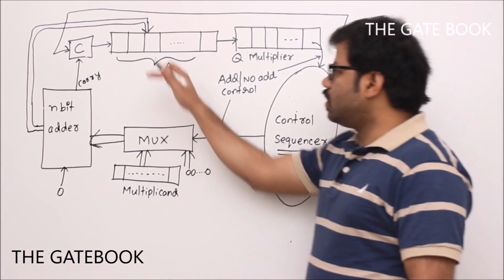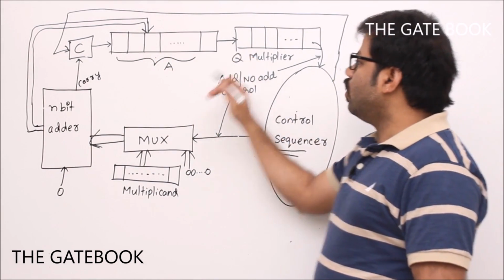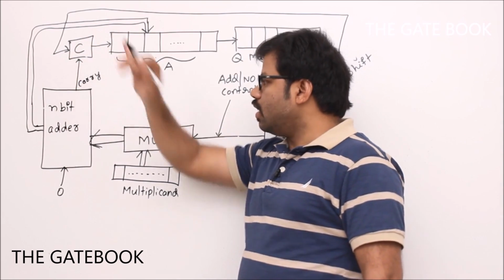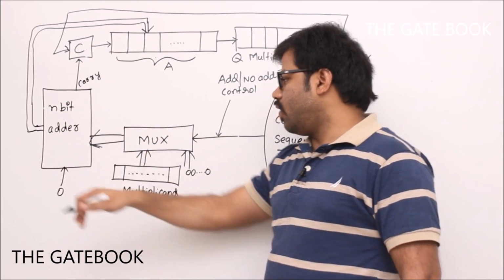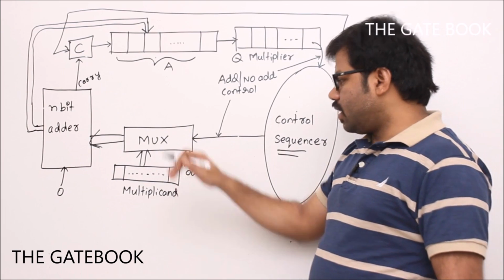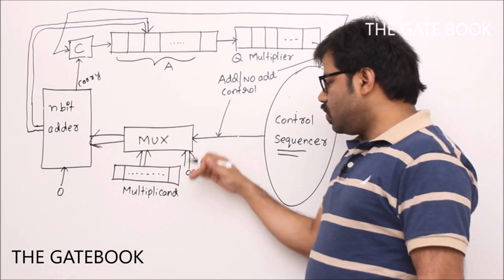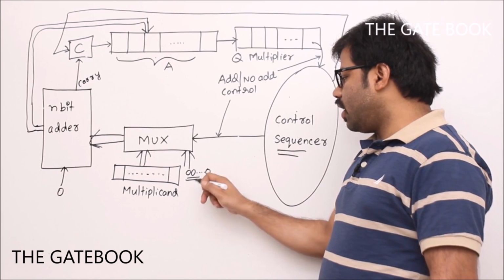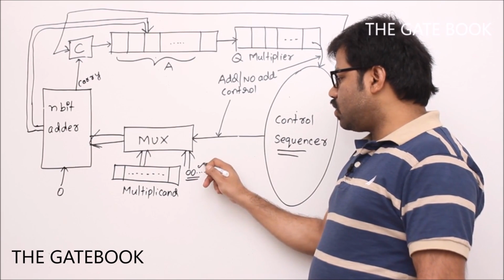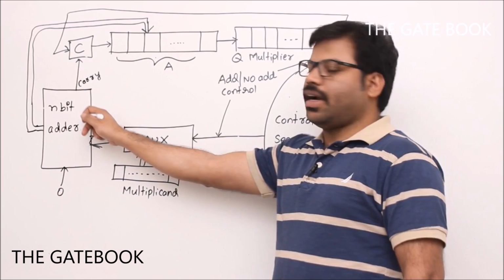Now we have register A, register Q, and one flip-flop called C, and we have one n-bit adder and one multiplexer. Why the multiplexer? Sometimes we have to add the multiplicand, sometimes we should not add anything. That means the multiplexer should select zeros for addition, right?